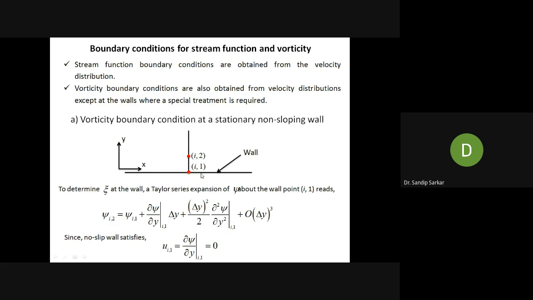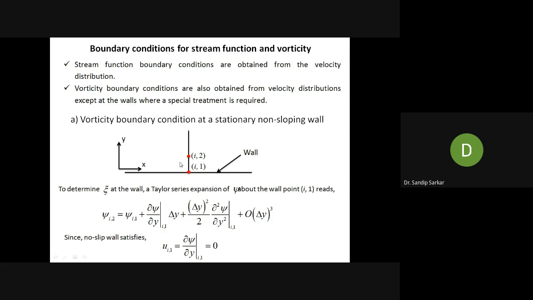The usual practice in this method to obtain the vorticity boundary condition for the stationary and non-sloping wall is to perform a Taylor series expansion of psi I2 about psi I1.